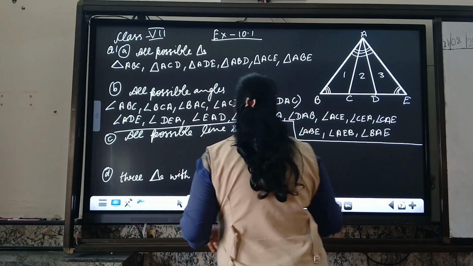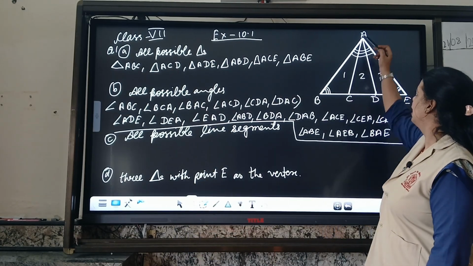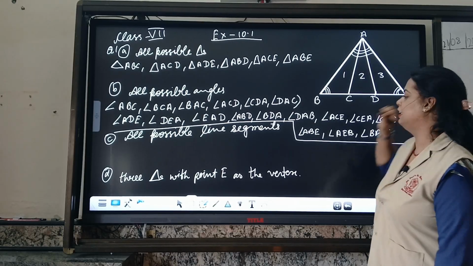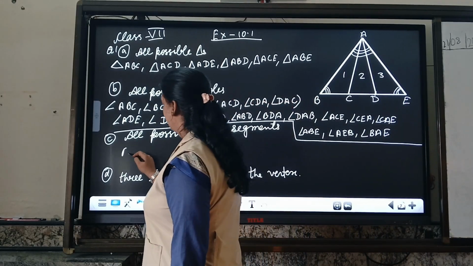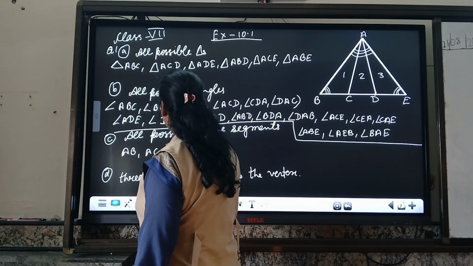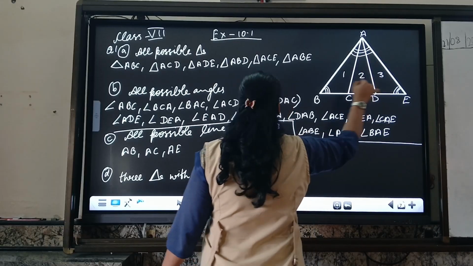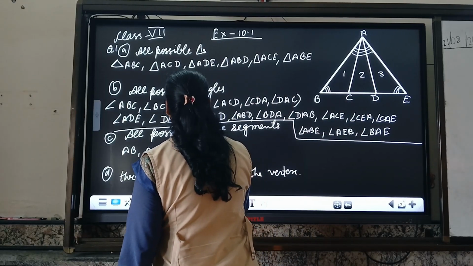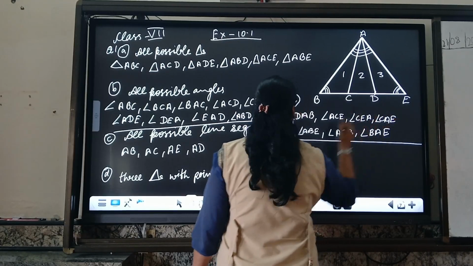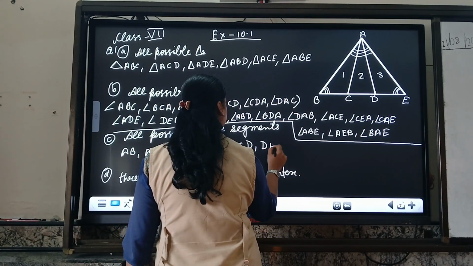How to write all possible line segments? It's very easy. Line segments AB, AC, AD and AE. Now line segments BC, CD, DE.